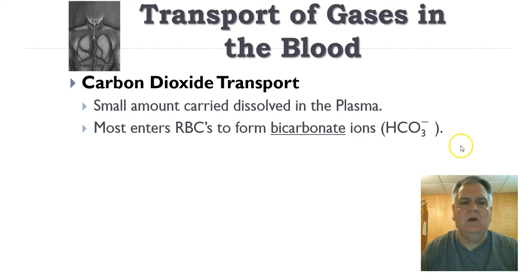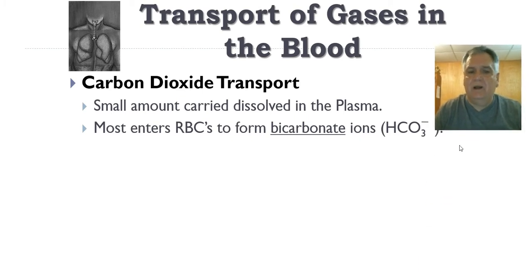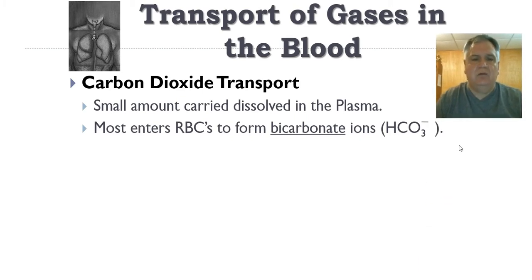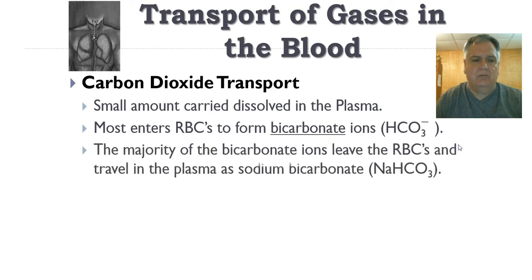So most of the carbon dioxide enters the red blood cells and forms bicarbonate ions. The majority of those bicarbonate ions then, once they form, will leave the red blood cells and now move back out into the plasma, where they'll travel in the plasma as sodium bicarbonate.